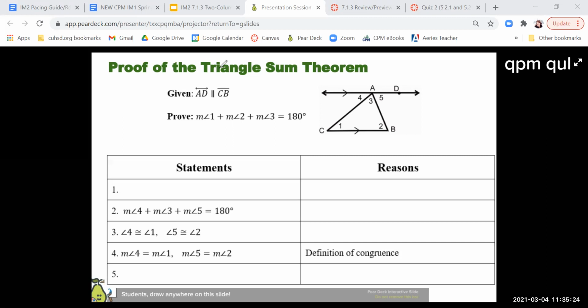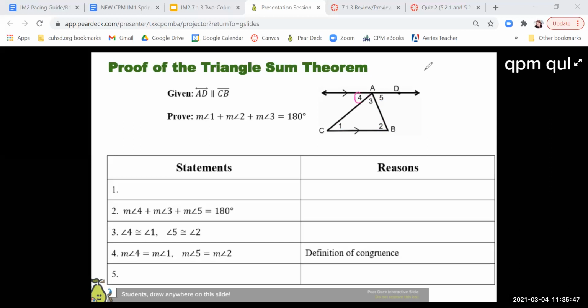And we just proved alternate interior angles. So I could show that this equals this at some point. I could also show that this equals this at some point because those are alternate interior angle pairs. And then there's something really special about these 3 angles together. So we're trying to prove that 1 plus 2 plus 3 add up to 180.